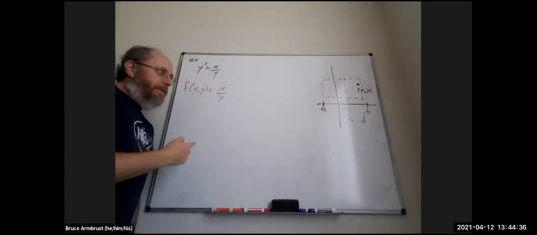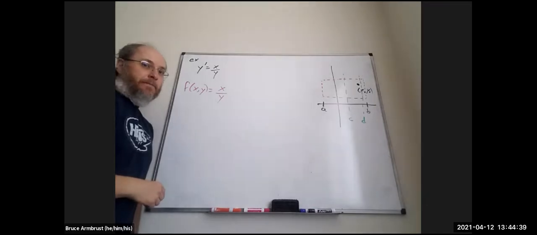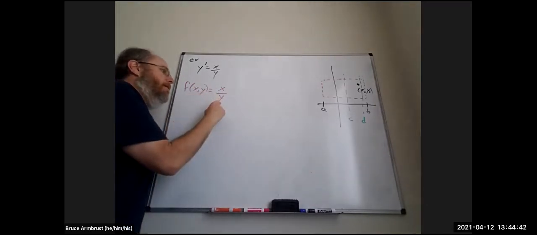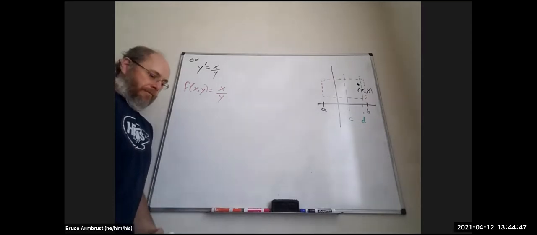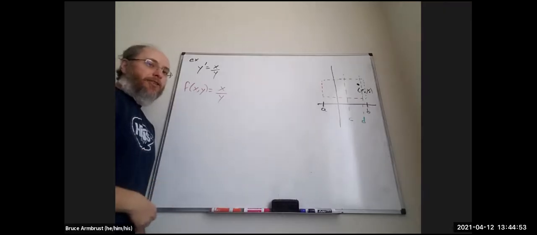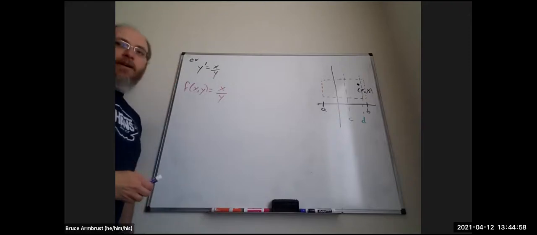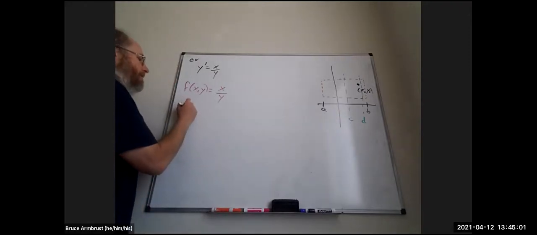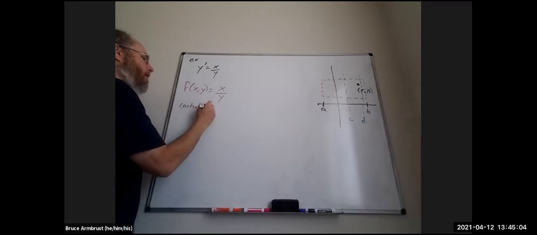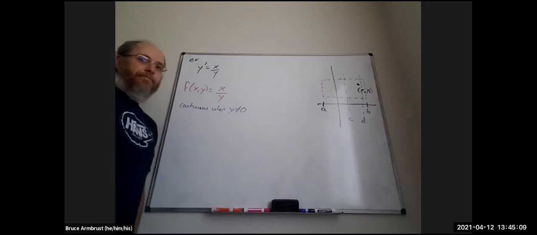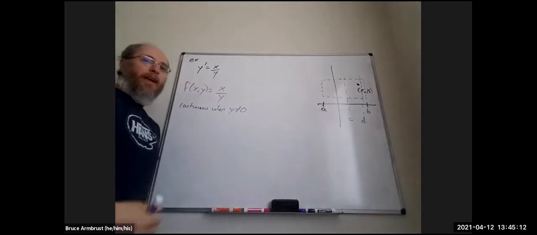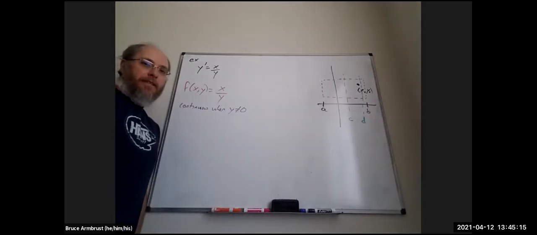All right, so let's talk about this in terms of continuity. Where is this continuous? Everywhere plus or minus from the origin. Okay, so the issue is with 0, and specifically y equals 0. So this is going to be continuous when y does not equal 0. So you get me away from 0, I know that this is continuous.